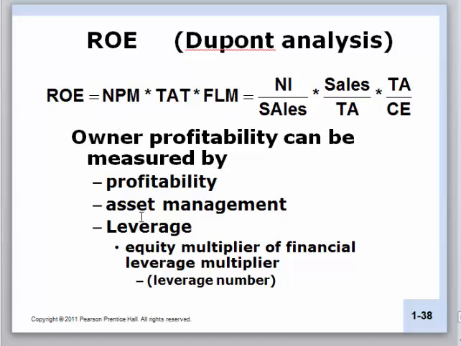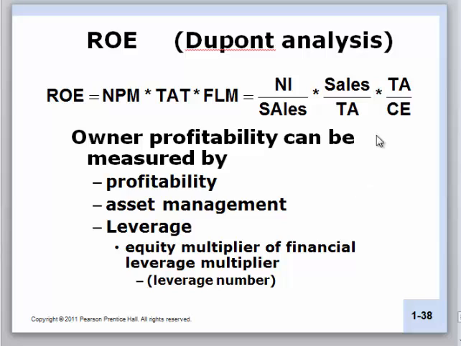If they increase asset management, if they're more conservative or more efficient generating sales from their asset base, ultimately more profitability can come to the owners. And you can see if you just multiply those things, sales divides out. So now we have net income divided by total assets, which again is our ROA number.